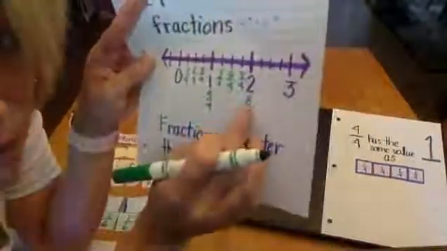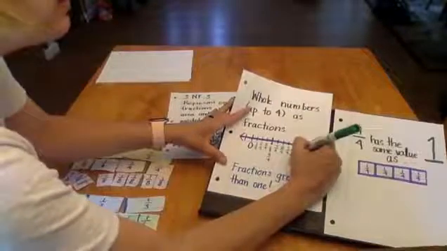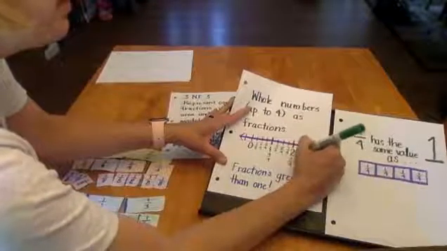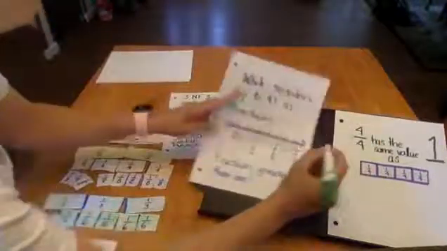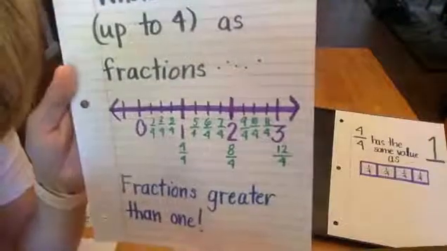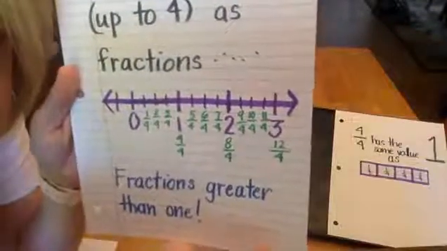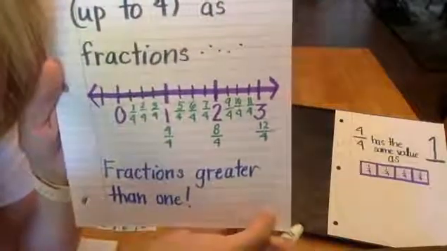So I'm at 8/4. If I add another fourth, what is that? 9/4, 10/4, 11/4, and 12/4. Okay, that's what it means to look at whole numbers as fractions. And again, we only use the whole numbers up to the number 4.